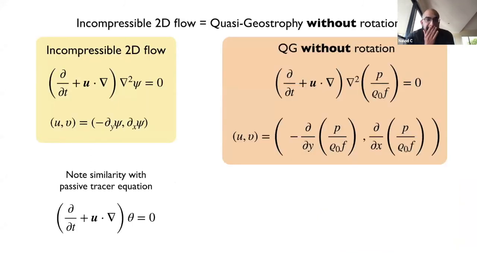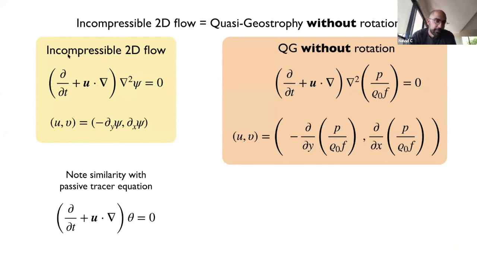Now, if you derive quasi-geostrophic dynamics without rotation, you will end up with these equations on the right here. And you can see that they are exactly identical with the incompressible two-dimensional flow without rotation.